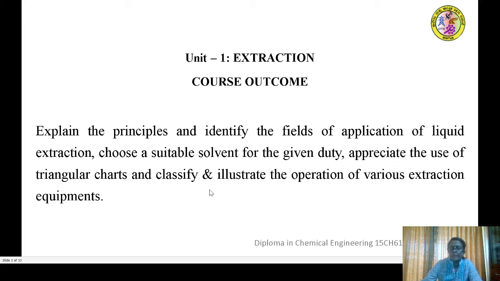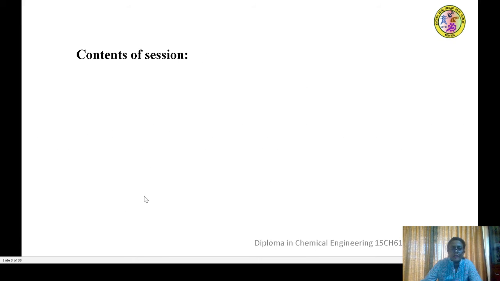So this is the course outcome that we are looking forward to achieve from each student after having undergone this particular unit.